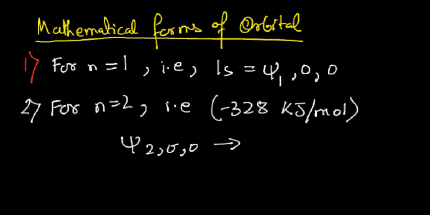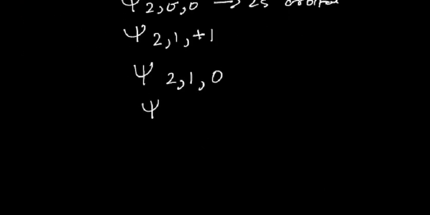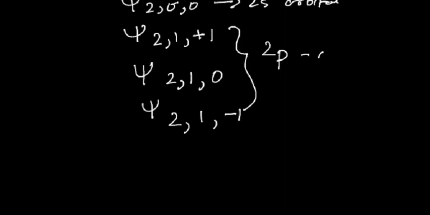This is the 2s orbital. Phi 2, 1, +1. Next is phi 2, 1, 0. And the last one is phi 2, 1, minus 1, and these constitute the 2p orbital.